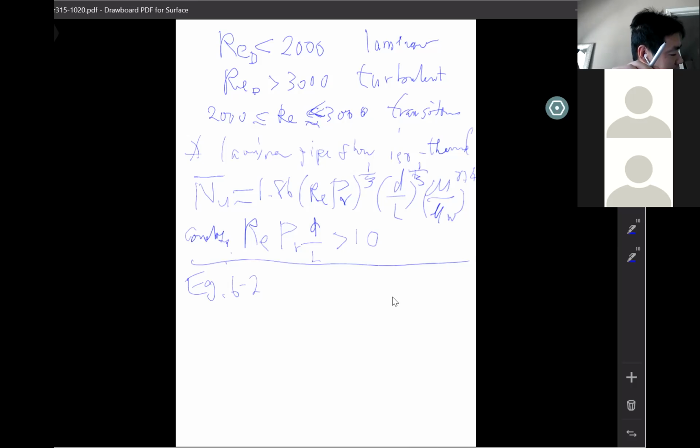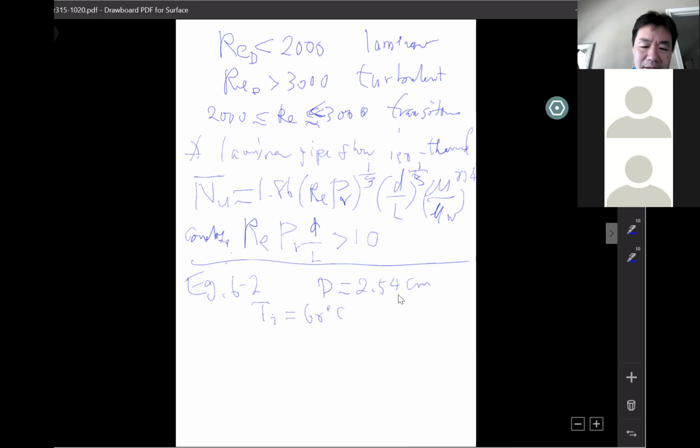Water at 60 degrees enters a tube of 1 inch, 2.54 centimeter diameter. Okay, so the diameter is 2.54 centimeter. The temperature in is 60 degrees Celsius. At mean flow velocity 2 centimeter per second.